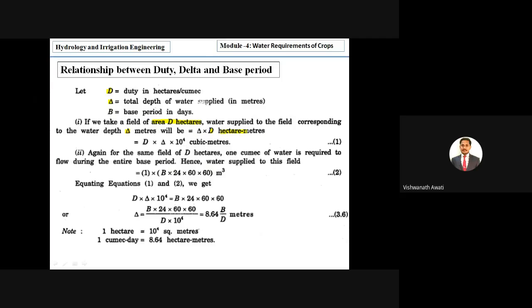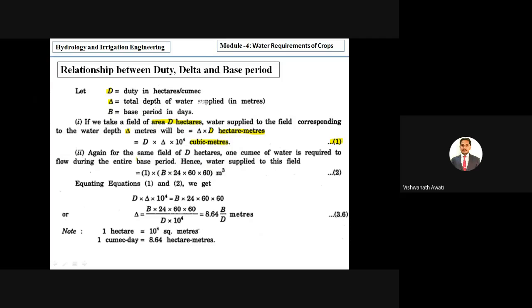And this is converted into cubic meters. Take this as equation 1. So equation 1 is D into delta into 10 to the power 4. Why 10 to the power 4? Because it is converted from hectare meters to cubic meters.